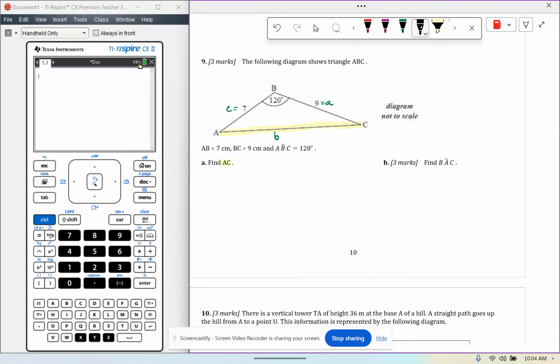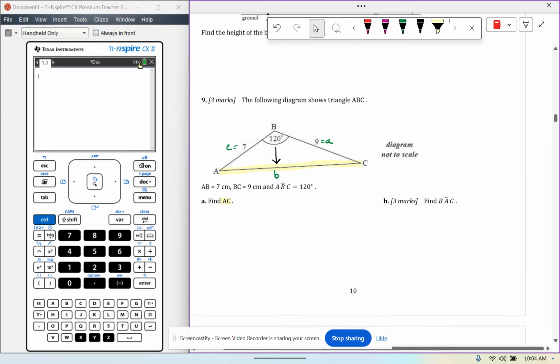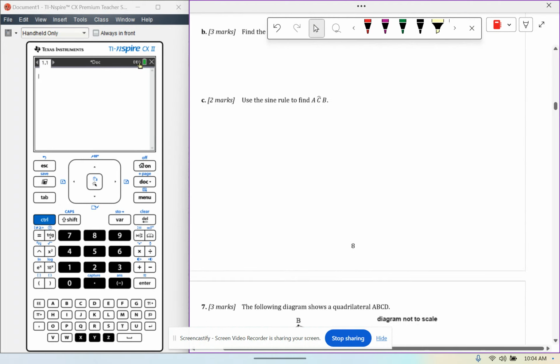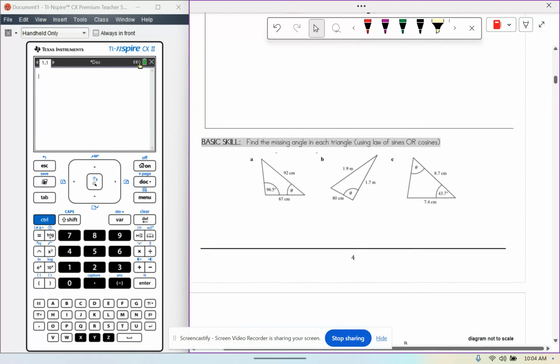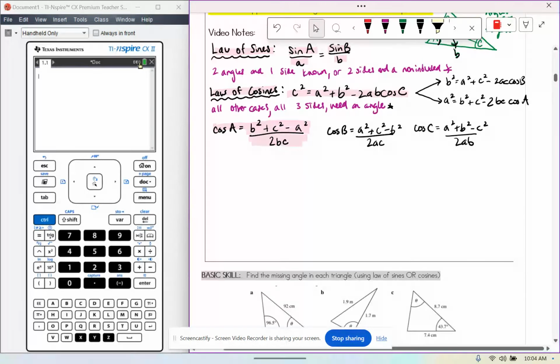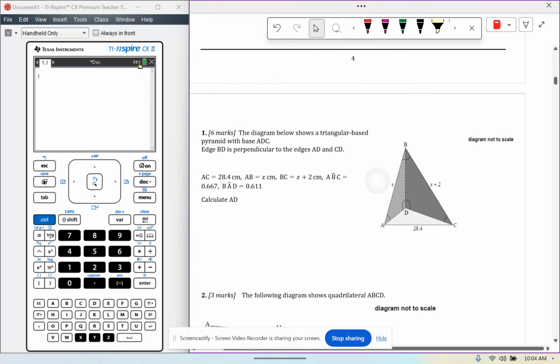Okay, so I have two sides, and then I have an included angle. So that means I'm going to be looking for this side length here, AC. Law of cosine sets me up perfectly, because check it out: the unknown side length is right across from that angle.